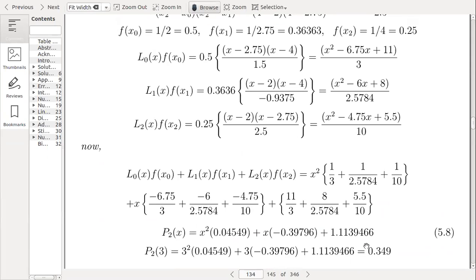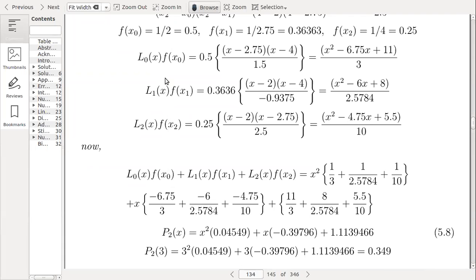So to improve the accuracy, what do we have to do? We have to increase the degree of the polynomial. If we have more data points, or we increase the degree of the polynomial, we will obtain a more accurate answer. And if we decrease the degree of the polynomial, we will have more errors.